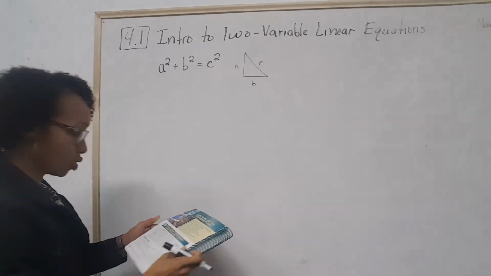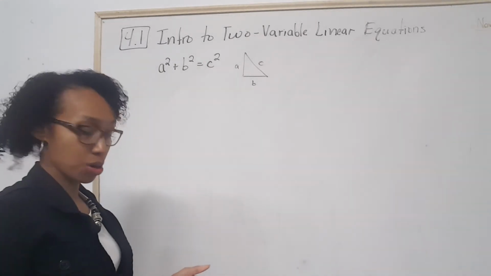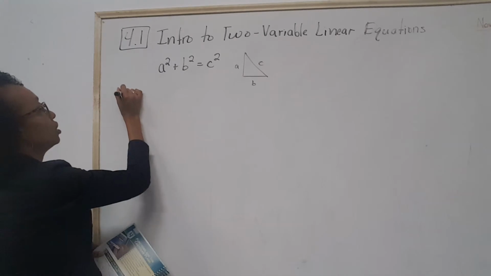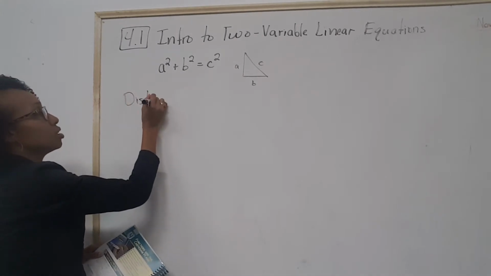The first one is the distance formula, and I'm on page 154 in your textbook. So we're going to list in your notes each formula.